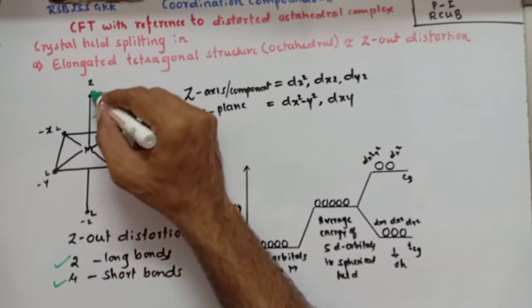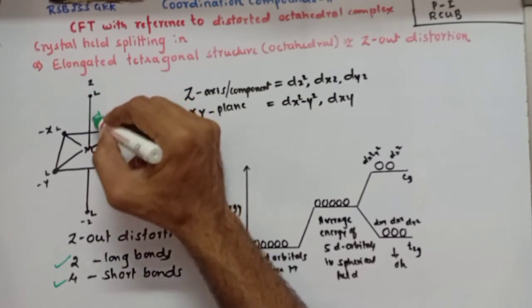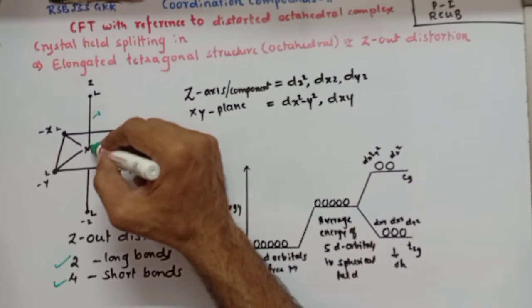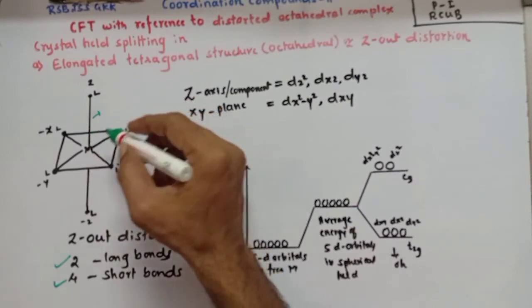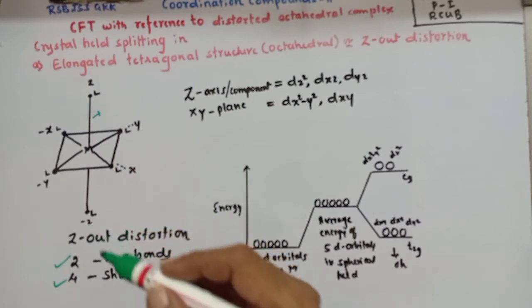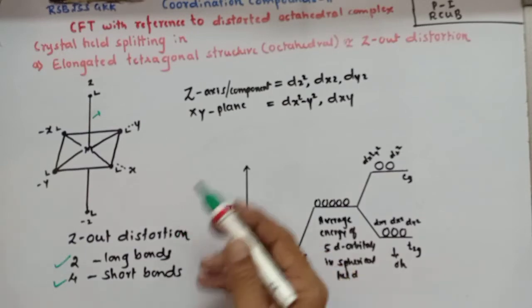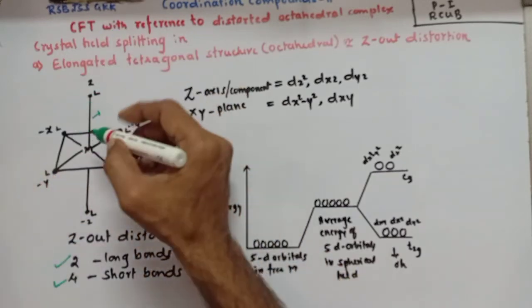The distance is more. As a result, what will happen? The d orbitals whose lobes are present along the Z axis, or d orbital lobes with Z component, will experience less repulsion, because what will happen?